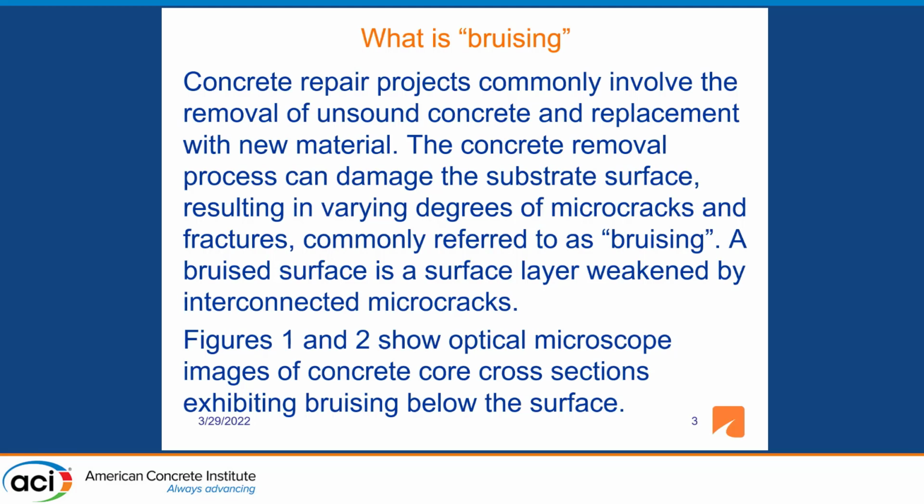A bruised surface is a surface layer weakened by interconnected microcracks. The next two figures are going to show you some pictures of cracks that were taken under a microscope.